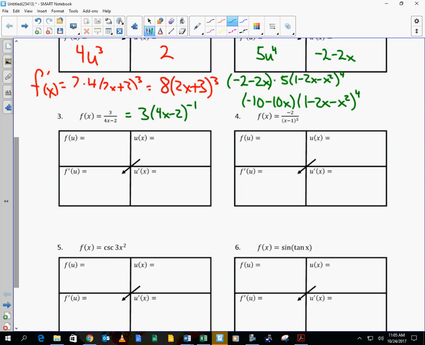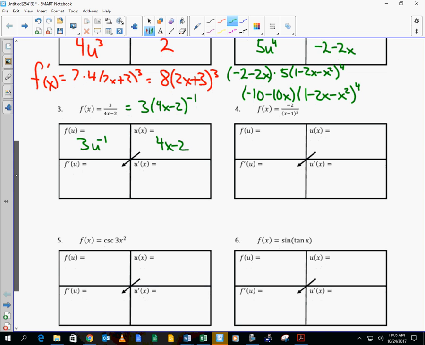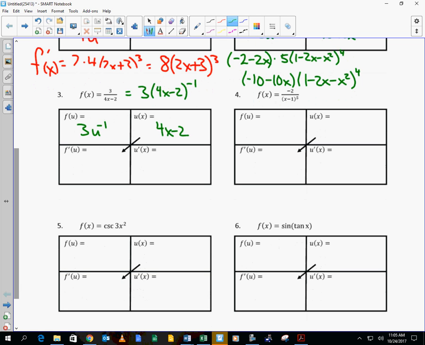See how I rewrote it? What's the inside? What's the outside? What's the derivative of 3u to the negative 1? Negative 3u to the negative 2, so negative 3 over u squared, right?